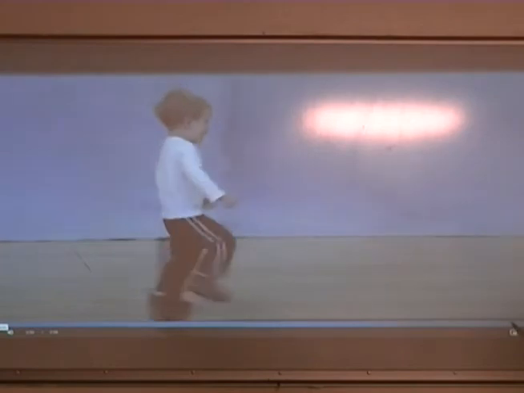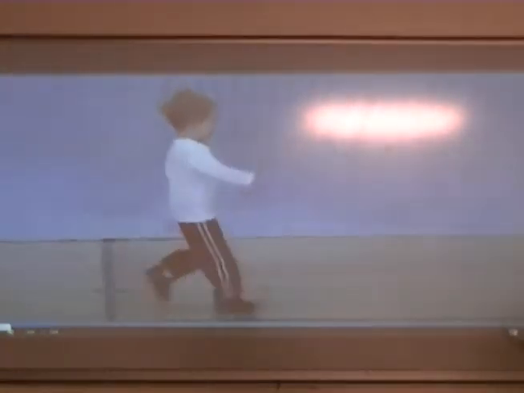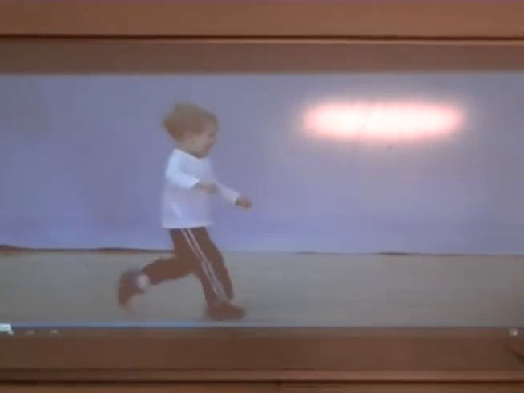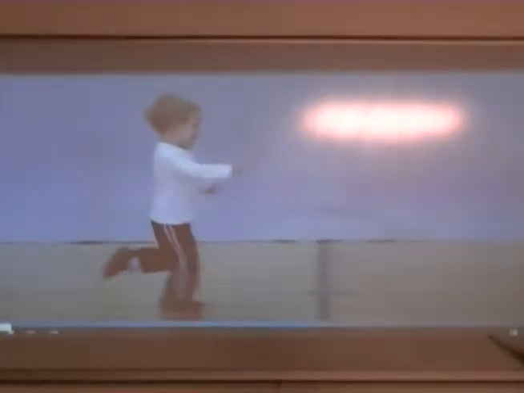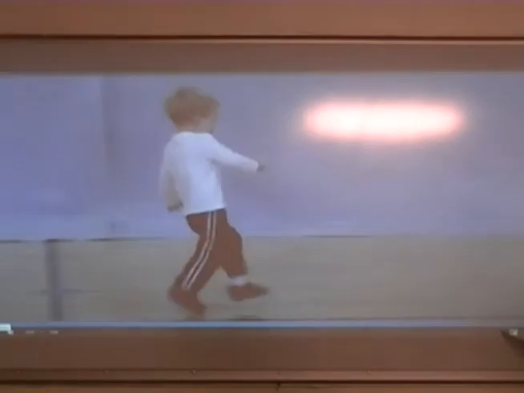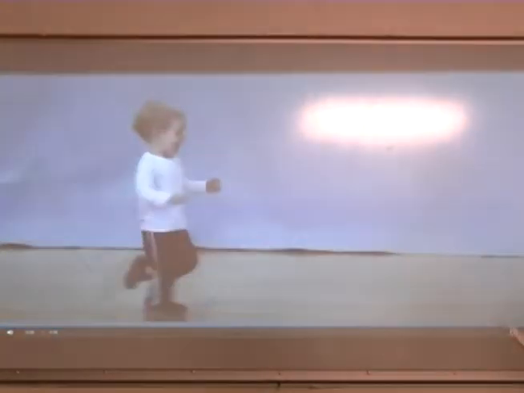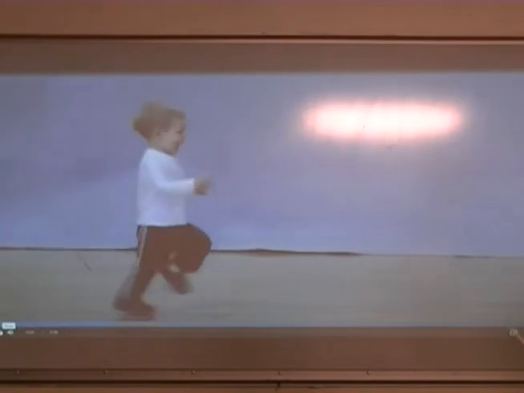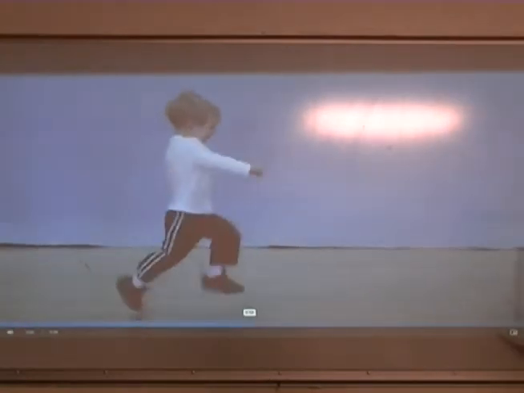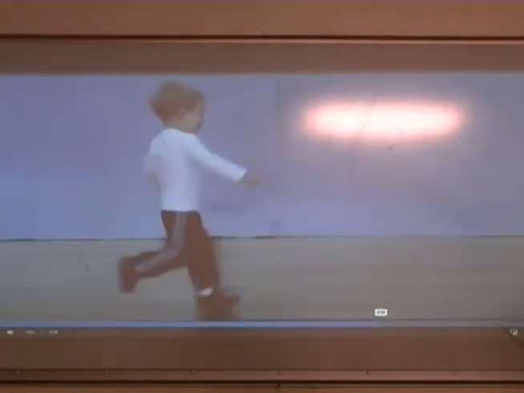Right? So, vertical component, there is still quite a lot of up and down and not a great deal of forward. So if I was assessing this, I would put him in stage 2.